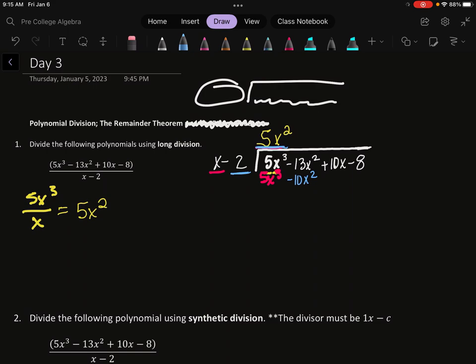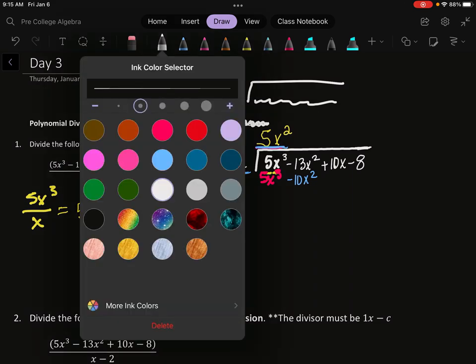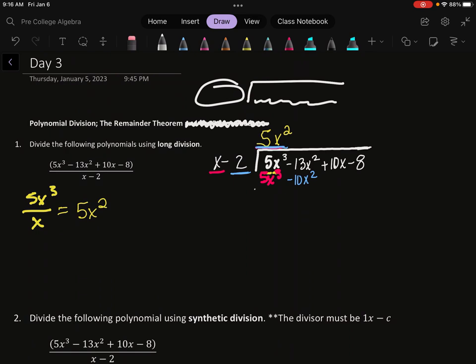And then we have to subtract. So when we subtract, this minus sign gets distributed in to everything. So technically, it just changes the signs of everything following.